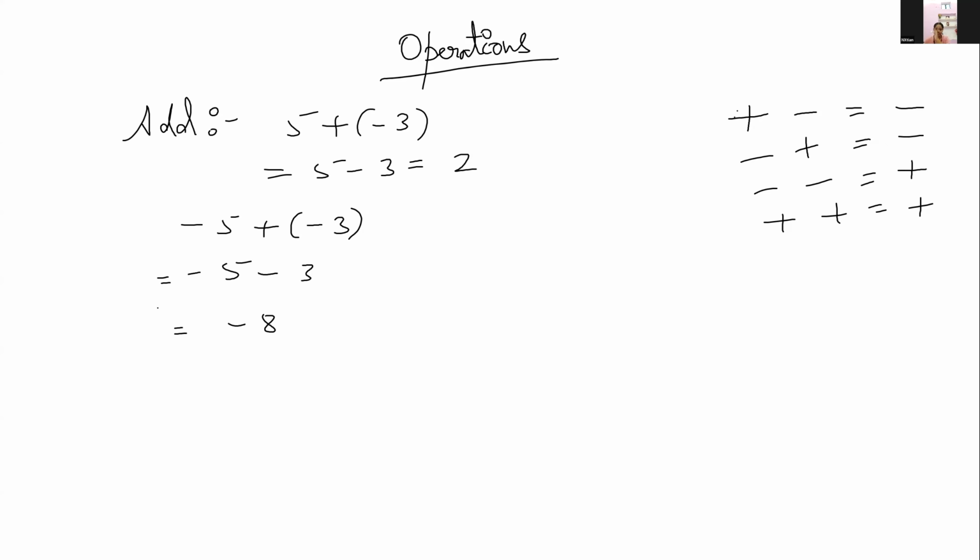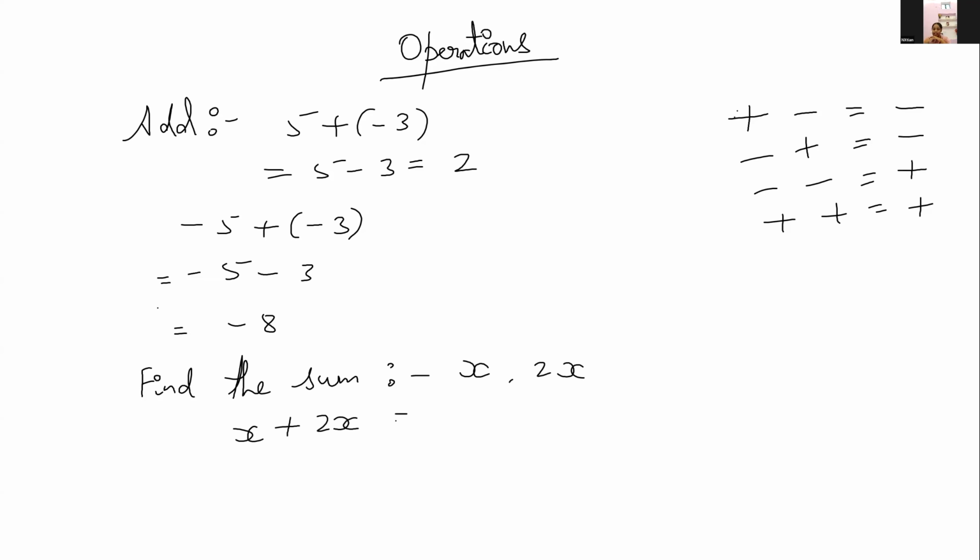Now, what if we're having numbers with variables? Suppose my question is: find the sum of x, 2x. Okay. So I've got to add x plus 2x.